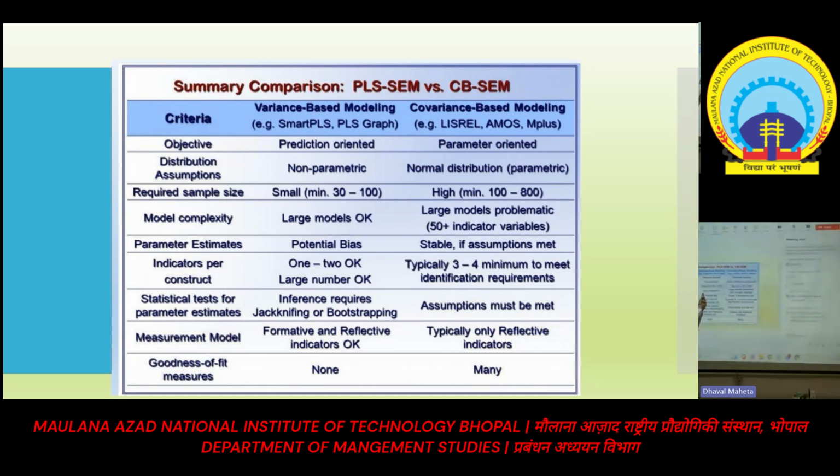Large models are very easy to solve. Here problematic. Why? Degree of freedom. Why potential bias? Because we are working on non-normal distribution. Here stable with 1 or 2 items. Here typically 3 or 4 items are required, otherwise you will face a problem of degree of freedom. Bootstrapping. Assumptions must be met. Formative and reflective: it can work on both.